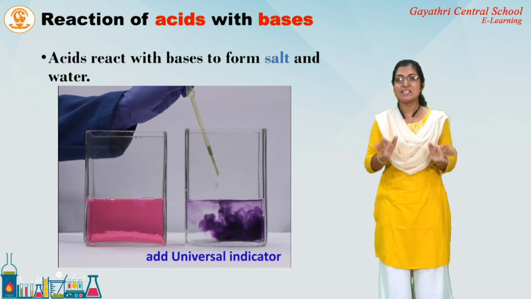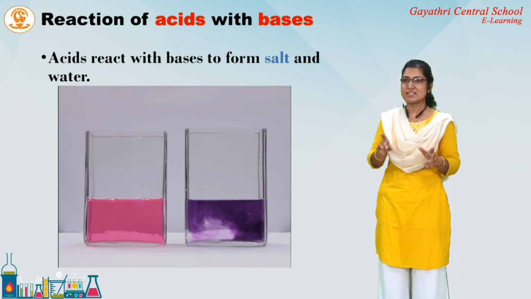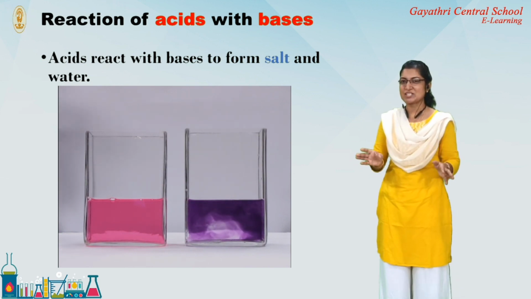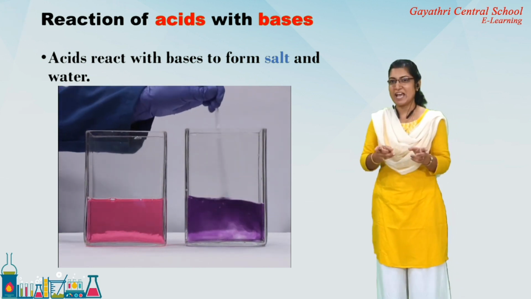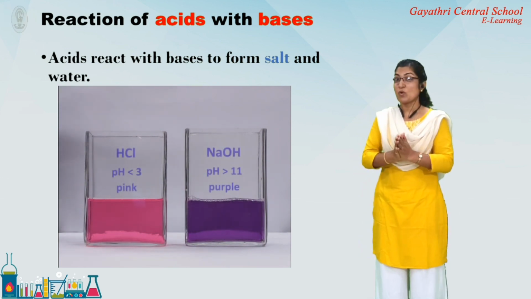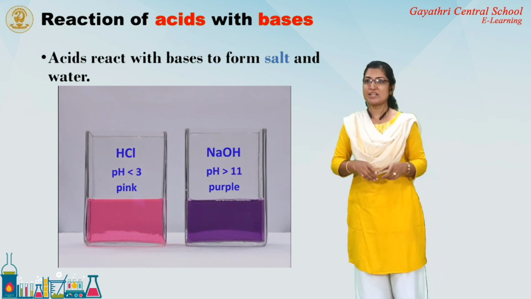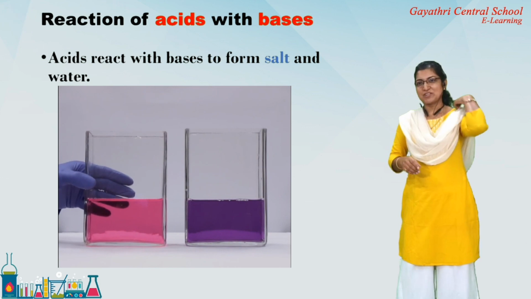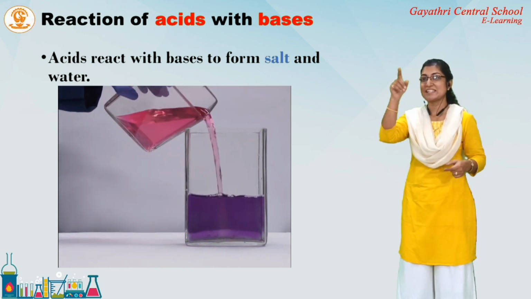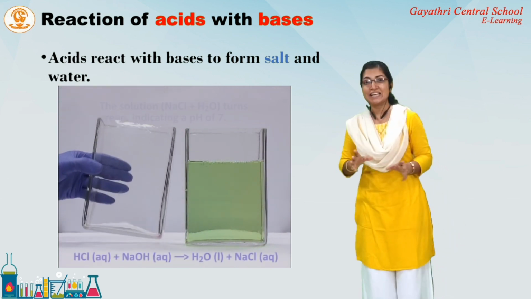A lot of heat will be produced. So this is also an exothermic reaction. When we mix acid with a base, what do we call that type of reaction? Neutralization reaction. Since the salt formed is neutral, that is why the solution is turning green in color.